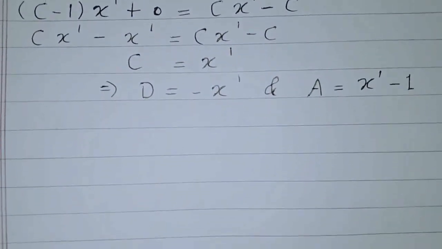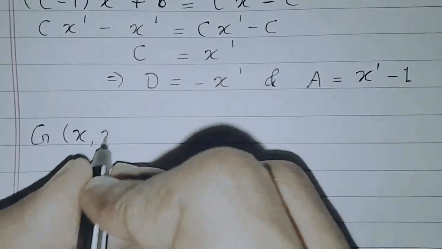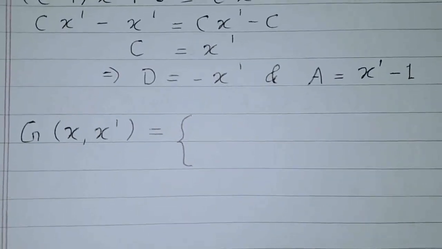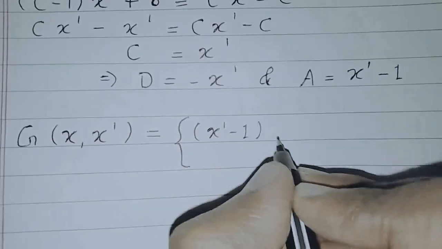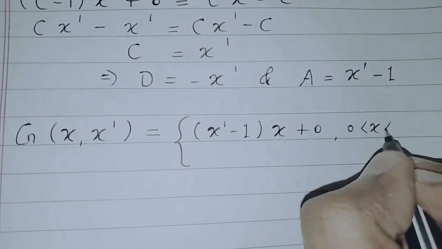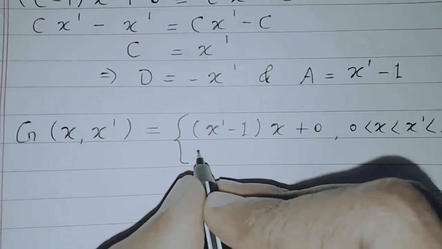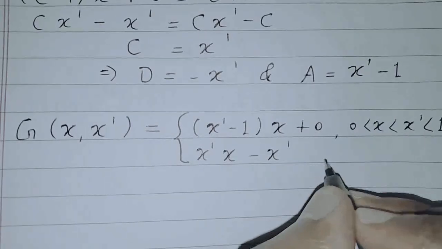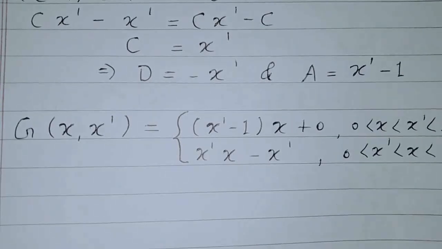Therefore we have now obtained our required Green's function, which is g of x comma x dash equals, so the first part was ax plus b, therefore it is (x dash minus 1) x plus 0 when 0 less than x less than x dash less than 1, and the second part is x dash x, which was cx plus d, minus x dash when 0 less than x dash less than x less than 1.